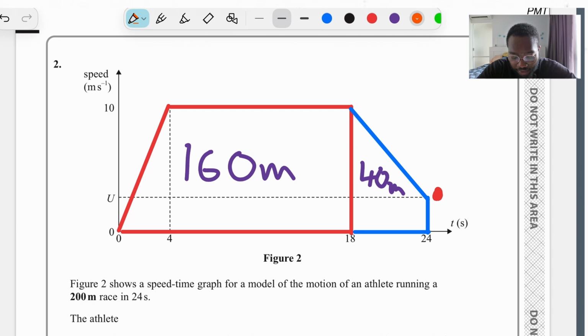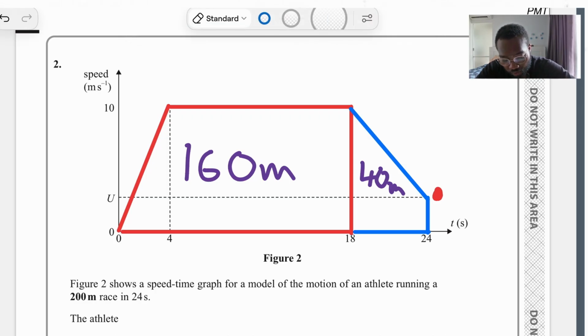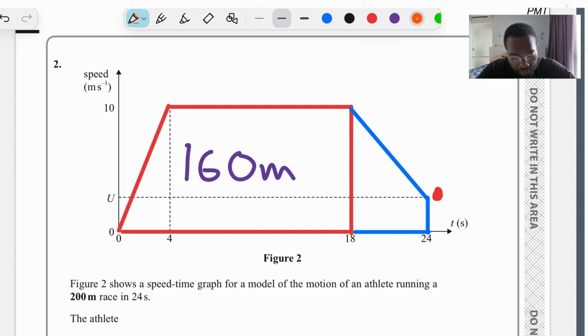If we want to work out that area between 18 and 24, let's break this up into 2 parts. I'll get rid of this 40 meters now. Let's look at the area of the triangle first.